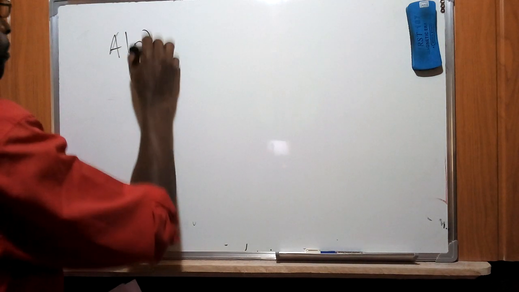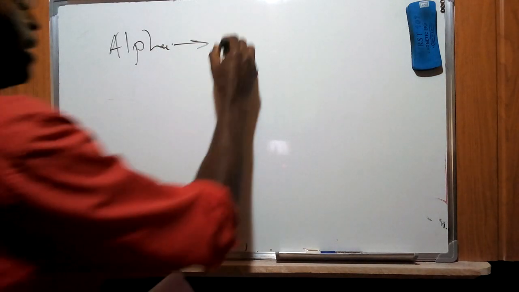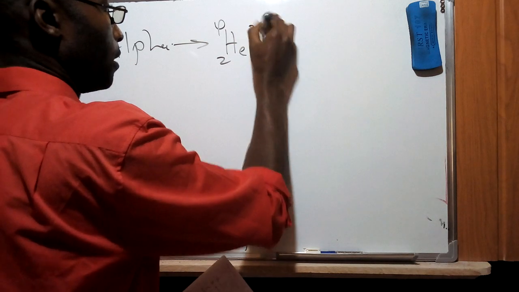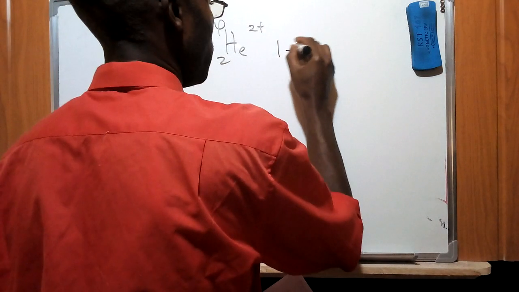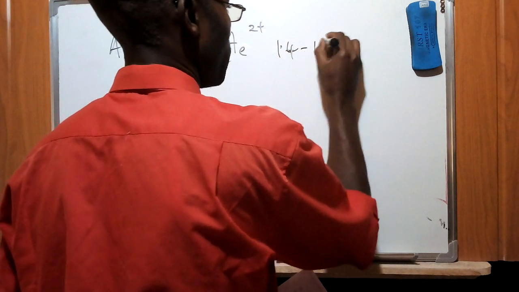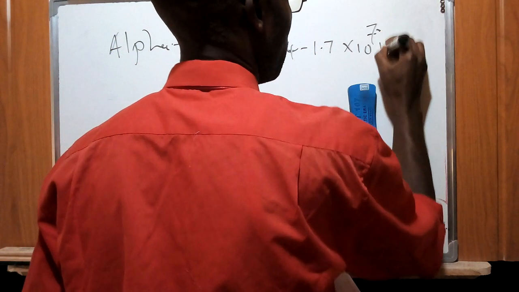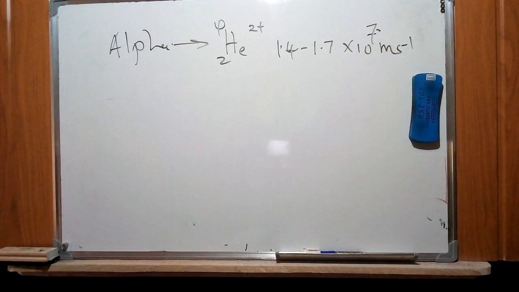For alpha particles, which we have given as helium nuclei, which are positively charged. Of course, we have said that they have velocities ranging between 1.4 to 1.7 times 10 raised to 7 meters per second. And that's a speed that is almost comparable with the speed of light.